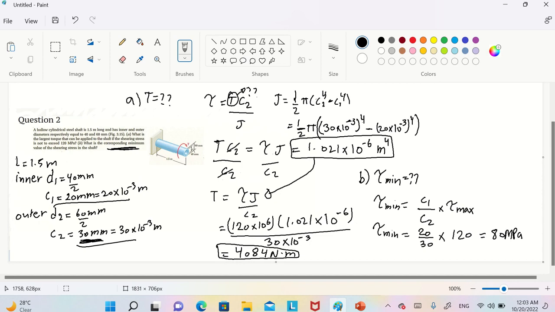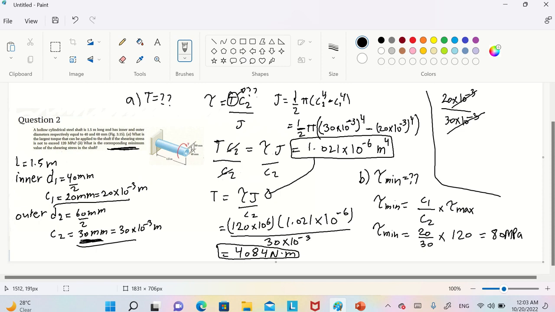You may question why we don't put times 10 to the power minus 3. I'm going to tell you why. If you put 20 times 10 to the power minus 3 over 30 times 10 power minus 3, automatically you will delete it.